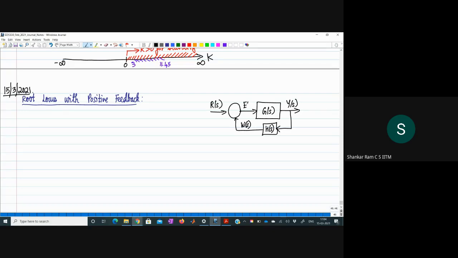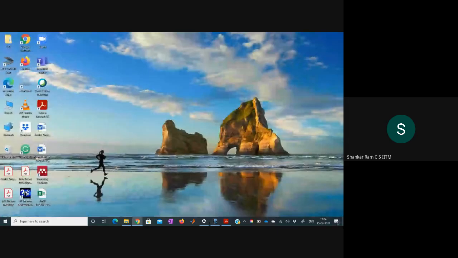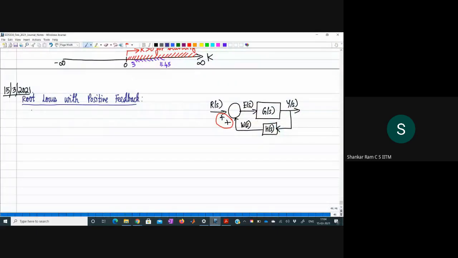And this is the error E of S. The difference here now is that we have positive feedback rather than negative feedback. So we can see that at the summing junction we are adding, rather than subtracting, the two signals.